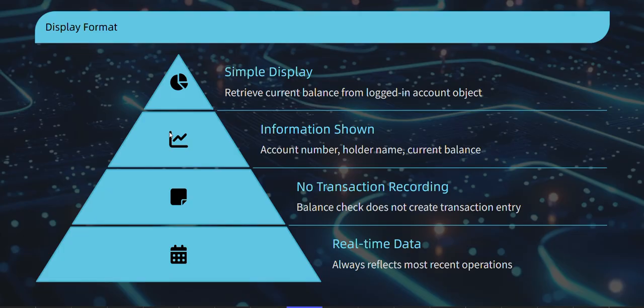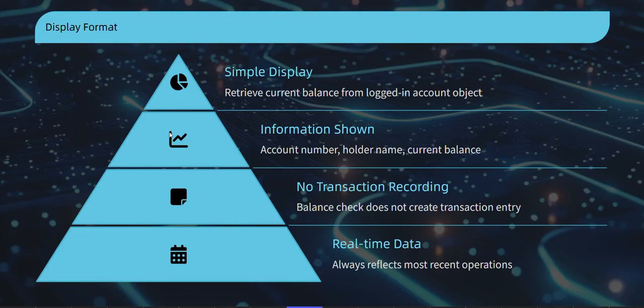He can check the information shown: account number, holder name, current balance, etc. If the user has not made any transaction, then the record will show that you have not created any transaction entry right now.